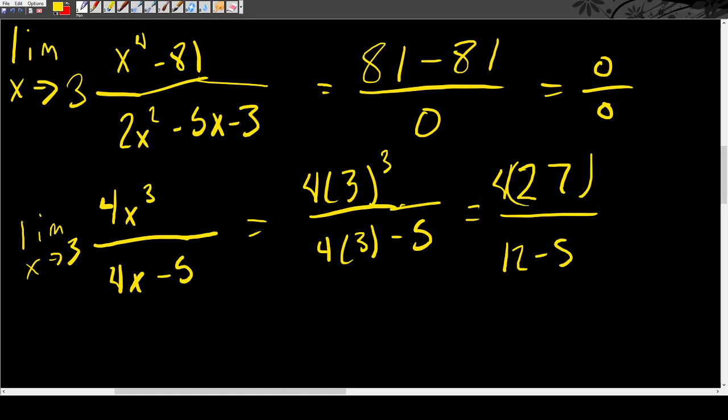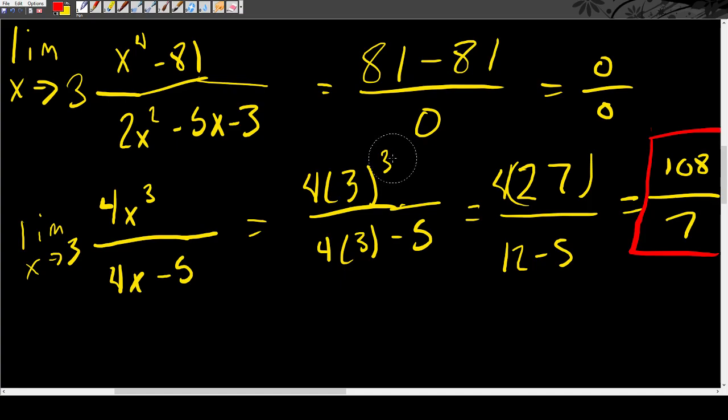Let me check on that real quick. I don't know these numbers off the top of my head, even though I should. 108. So this is equal to 108, and then this is equal to 7? Can you divide 108 by 7? That's the real question. No, you can't. It's 15 point something, essentially. So yeah, that's the answer to this one.